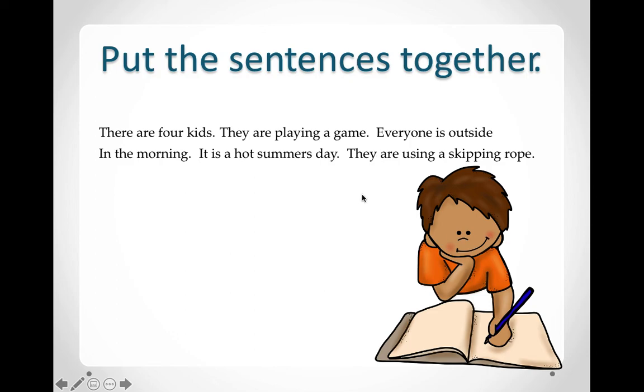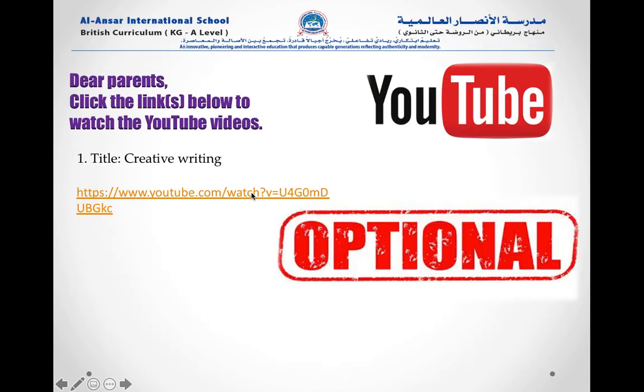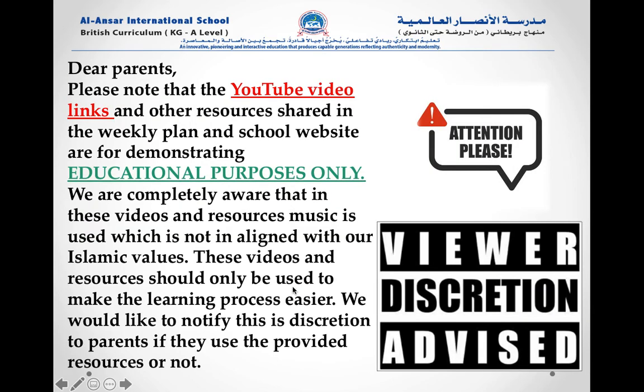And don't forget, always start a sentence with a capital letter and end it with the correct punctuation mark. Now you can watch this video that will help you understand how to write a paragraph. And remember, it is an optional video, and all of the videos are only for educational purposes.